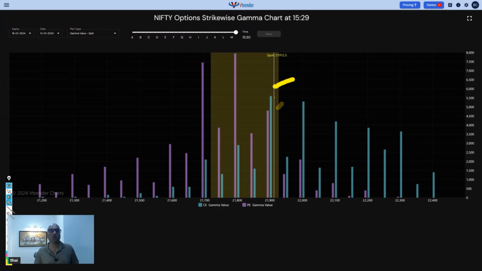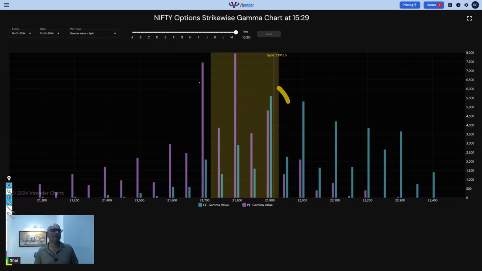Just because price crosses, most of the big traders are not going to fold positions, and they would carry positions. Most of what they have done is they've secured themselves via a 21,900 PE, and they've carried a 21,900 CE and PE into the market.